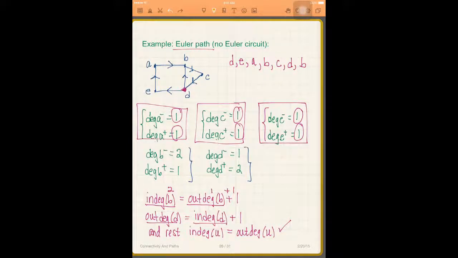Let me verify that. Starting at D, I go to E, then to A, to B, C, D, and then B. We started here at D, where we were able to have some escape routes, going out and then coming back in and then out.